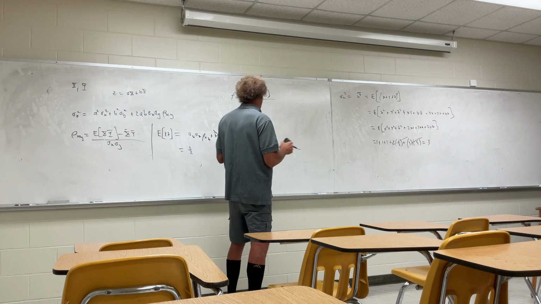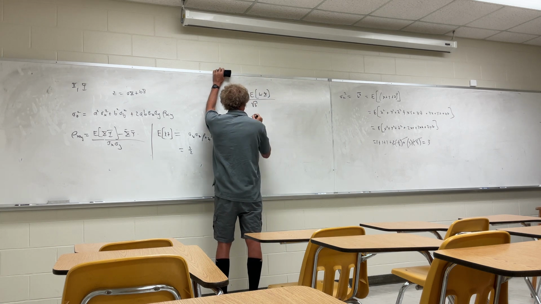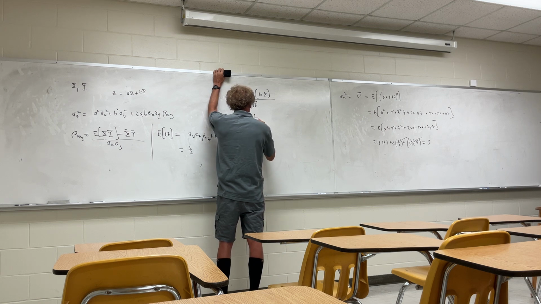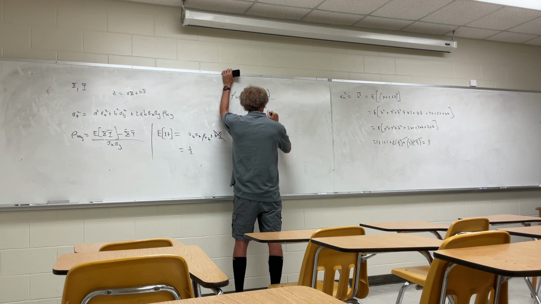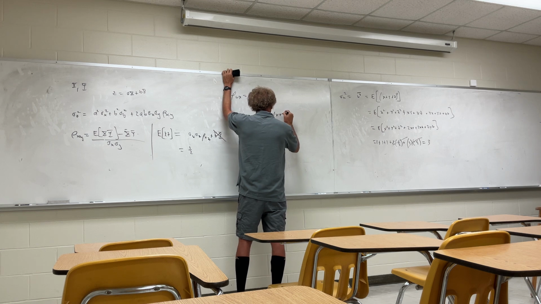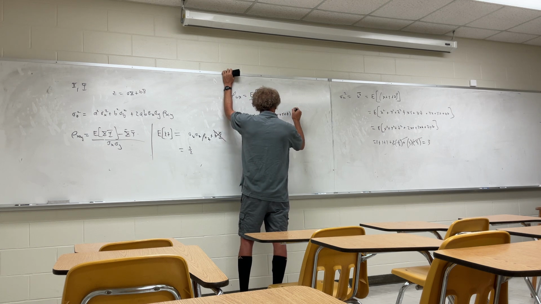I'm sorry about this. If I'm going to do this, rho, the correlation coefficient of this is going to be 1 over the square root of 3, and then it's simply the expected value of W times X, or X times X plus Y plus Z here.